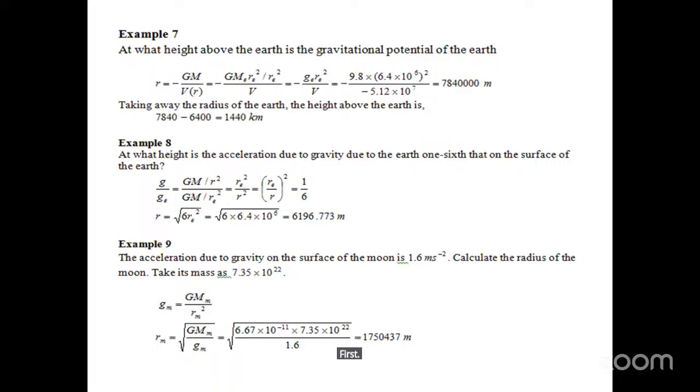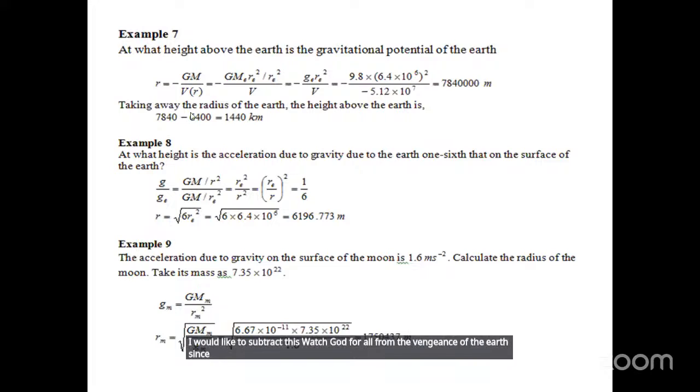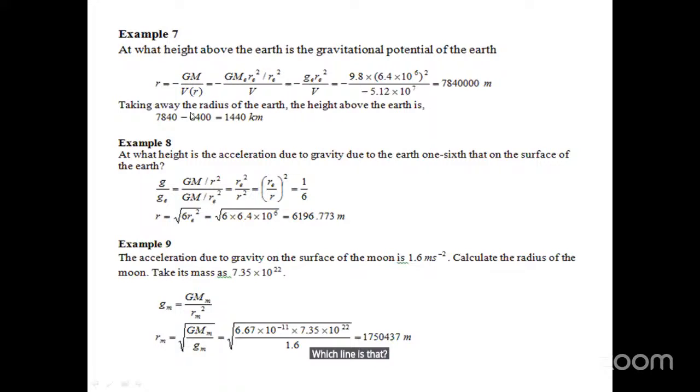Sorry, sir, I have a question. In example 8, where they ask us to find the height, are we going to subtract what we got for R from the radius of the Earth, since they asked us to find the height? Which line is that? Example 8, the R we got, do we need to subtract it from the radius of the Earth? R is not gone.